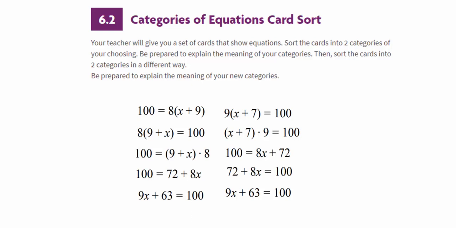So I need to decide two categories I'm going to sort these cards into. Just looking at the equations, I could see that some of them have parentheses, and some of them don't. So that's the way I'm going to sort my categories. Parentheses, and no parentheses.